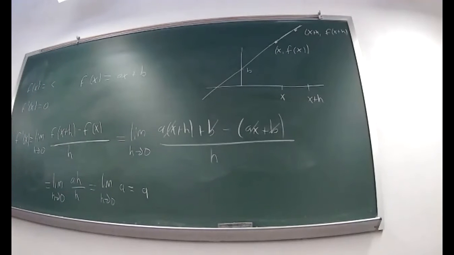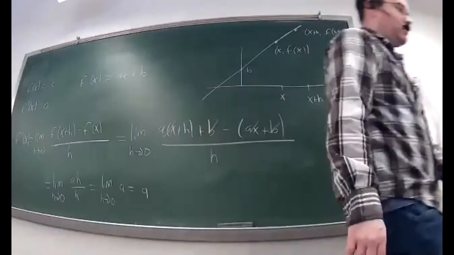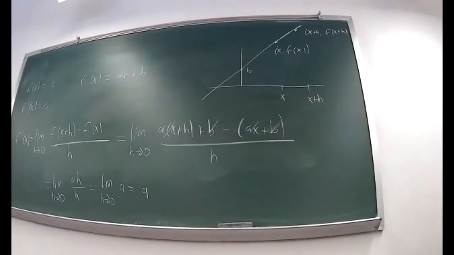Although there are some arguments that are actually kind of intricate and clever that we'll see as we get on in the class. But for now, we're really just trying to get used to the definition.